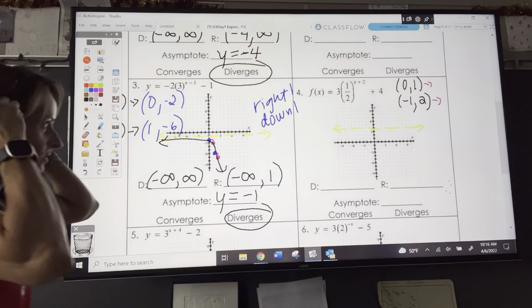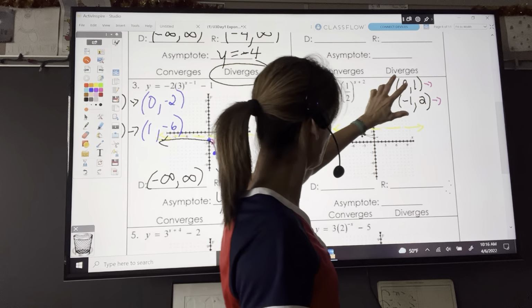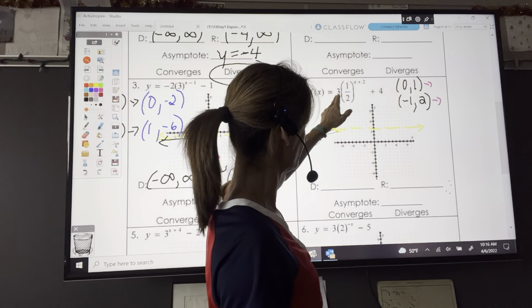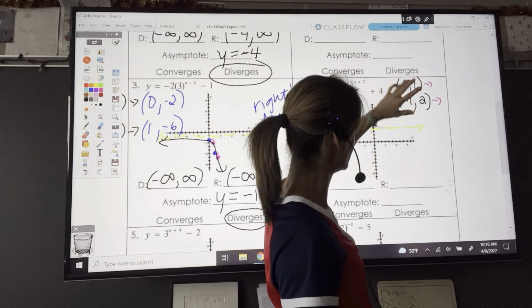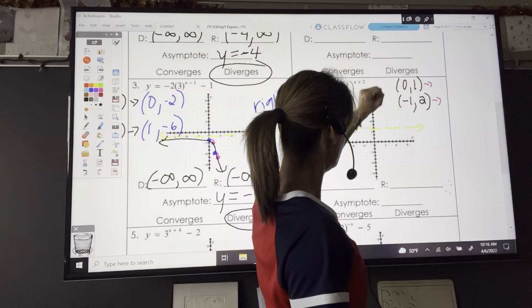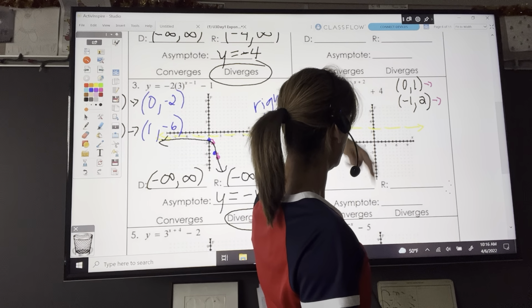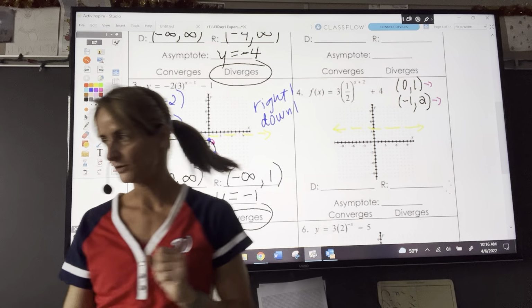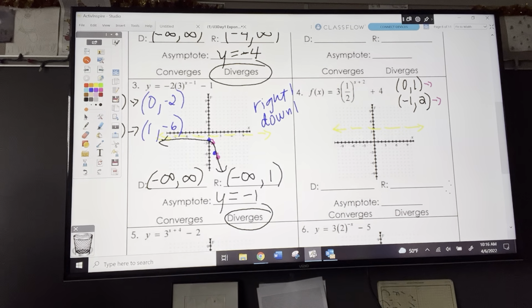Okay, so let's take these 2 y coordinates and multiply them by this 3 in front. The x coordinate doesn't change. We're still plugging in 0. But now the y coordinate is being multiplied by 3. So that point is going to go from (0, 1) to (0, 3), and the second point is going to go to (-1, 6).